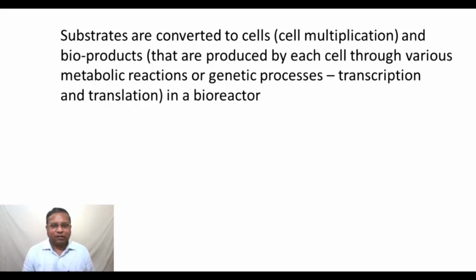The genetic processes are transcription and translation: the gene, which is a part of the DNA, gets transcribed and translated to probably a protein. The protein could be a product. That's what we mean by the product resulting from a genetic process, or it could be a metabolite that is made by the metabolic reactions in the bioreactor.